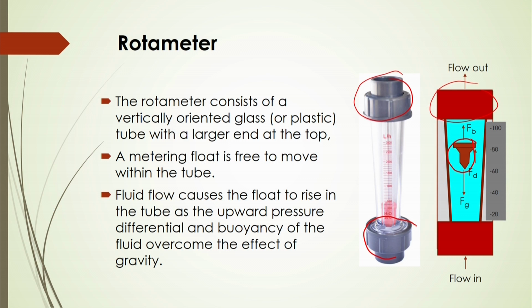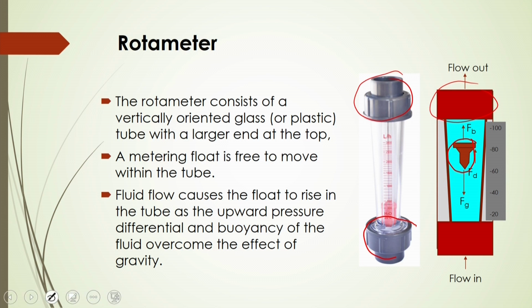Fluid flow causes the float to rise in the tube, as the upward pressure difference and the buoyancy of the fluid overcome the effect of gravity. So, the pressure difference gives the drag force, there is also the buoyancy force, and parallelly there is the gravity force.